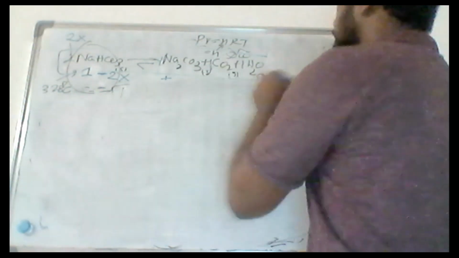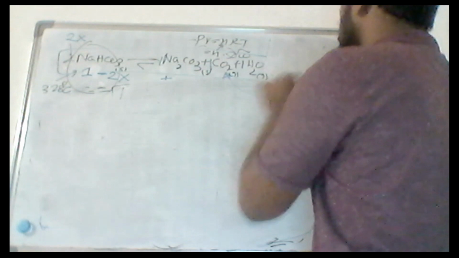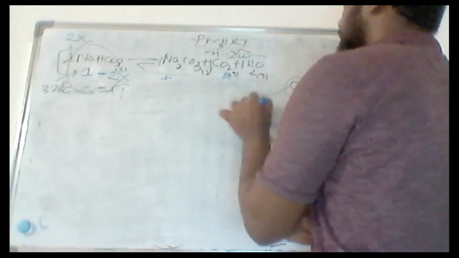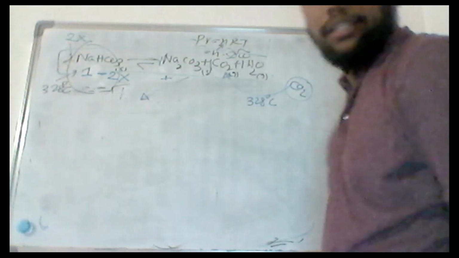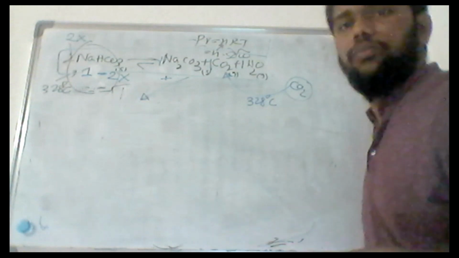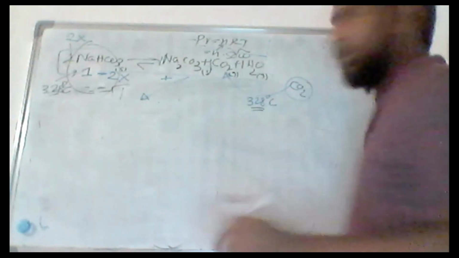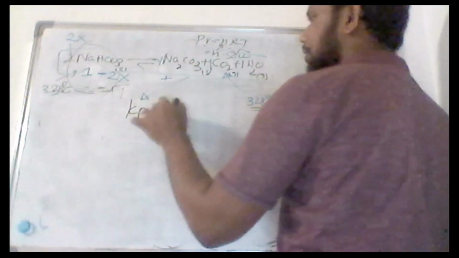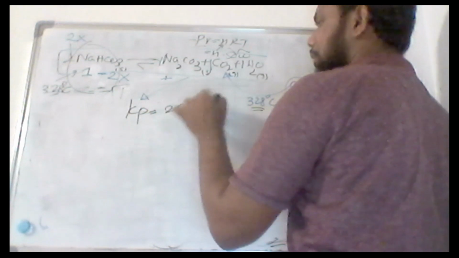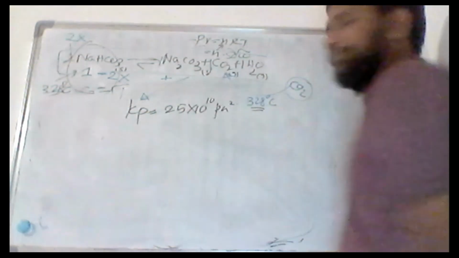So what they have done, they have added some amount of CO2 at the same temperature, 328 degrees Celsius, and a new equilibrium is formed, right? So at this new equilibrium, what are the things that are not changed? Because the temperature here and the temperature here is the same, your Kp expression is not going to change. It will be 25 into 10 to the power 10 Pascal squared, right?